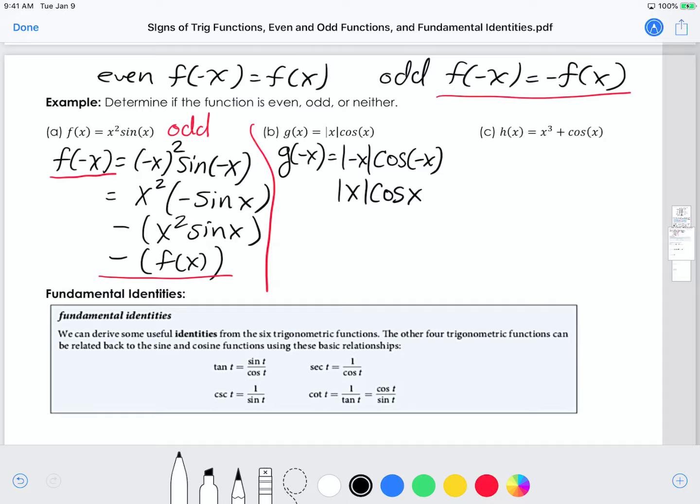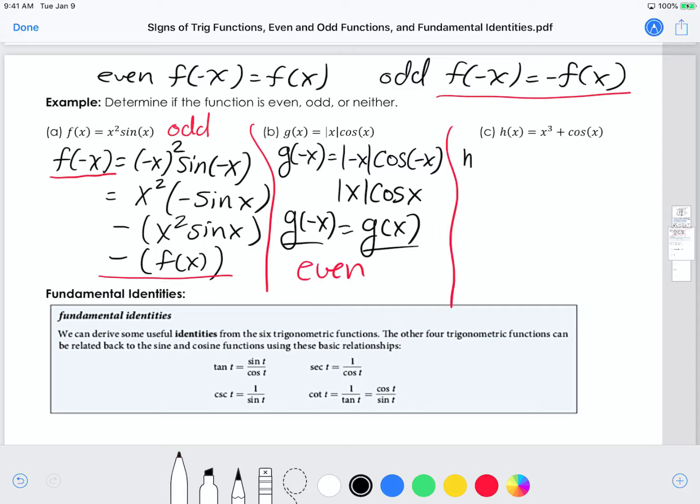So if I switch the sign of my input, I'm going to still get out the same value of my function. And you can check that up in the shaded box. So if I plug in negative x, I'm still going to get out the same thing I started with, g of x. So that means this function is even.